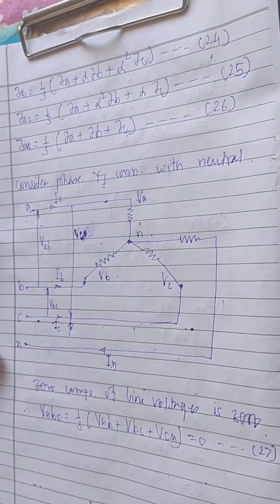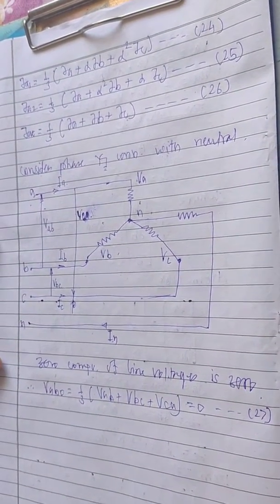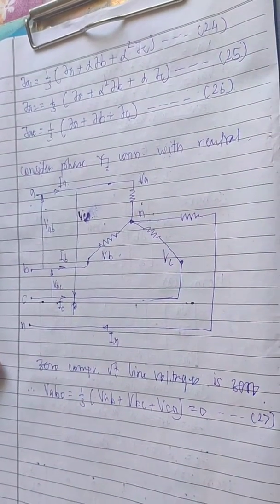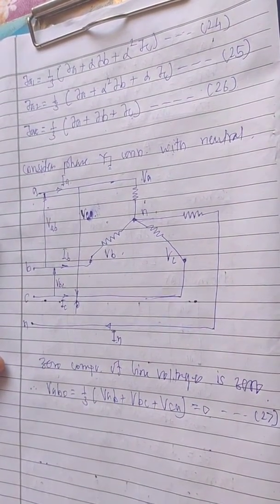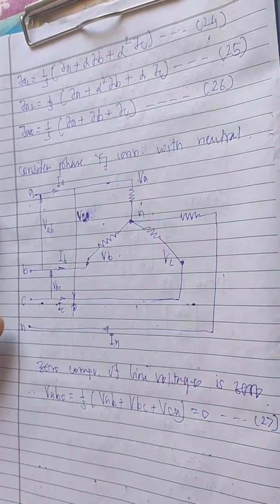But the sum of phase voltages may not be equal to 0. Therefore, the zero sequence component VA0 exists, and therefore current IA0 exists.